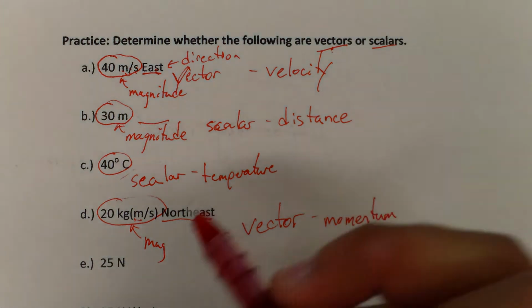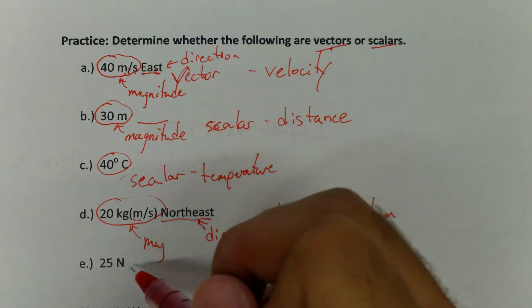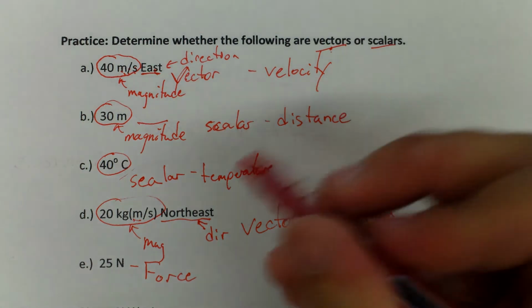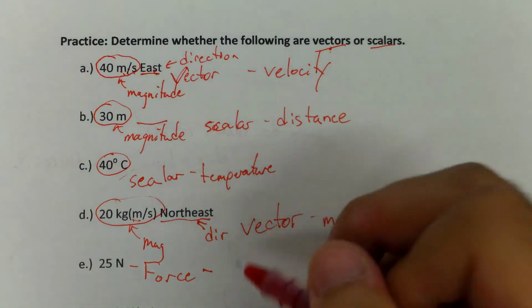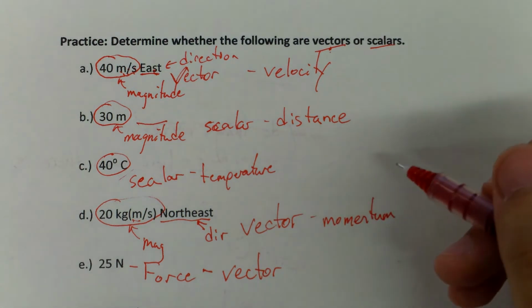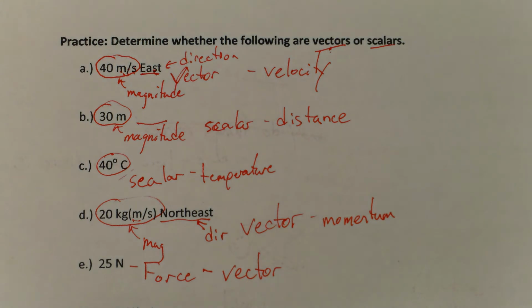All right. Next one, 25 newtons. This one confuses a lot of folks. Remember, newtons are a measure of force. So we know that this is a force. All forces are vector quantities. Vector quantities or vector measurements. All right. Quantities and measurements kind of like the same thing here.